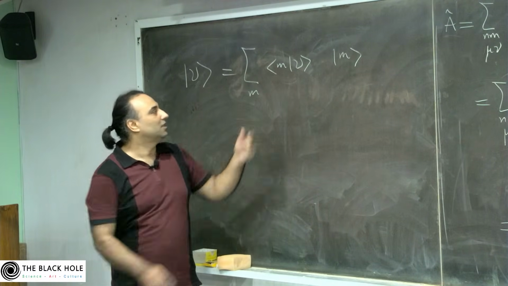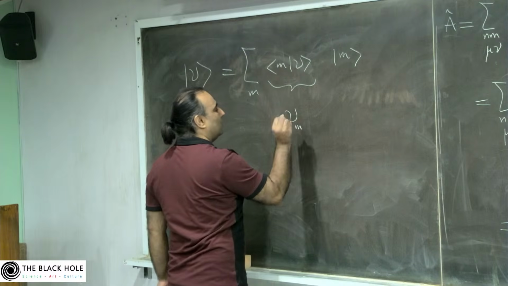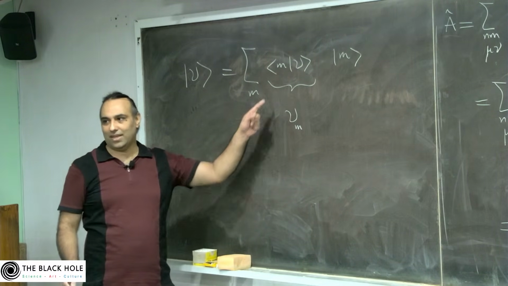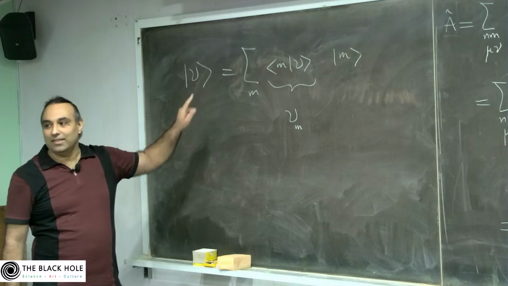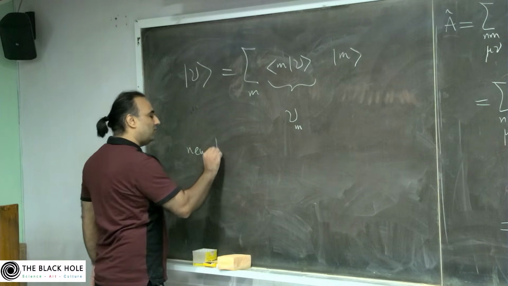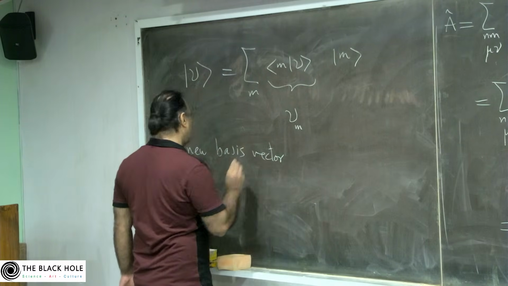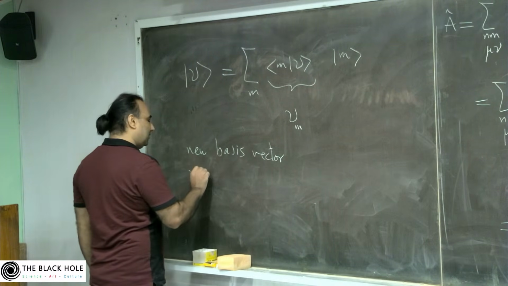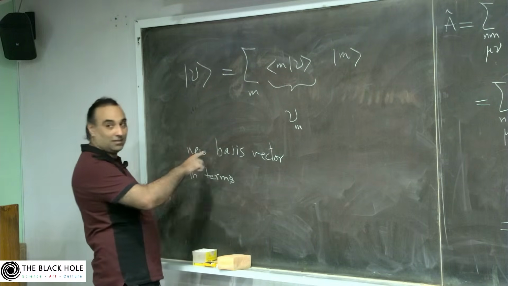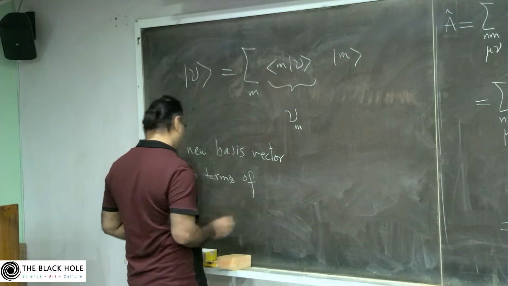So there is a sum over here. So this is like nu m. So this is a number, it's nu m. We can call that nu m. Okay. So it's a new basis vector in terms of old. So I'm writing this because this statement is very important to remember.